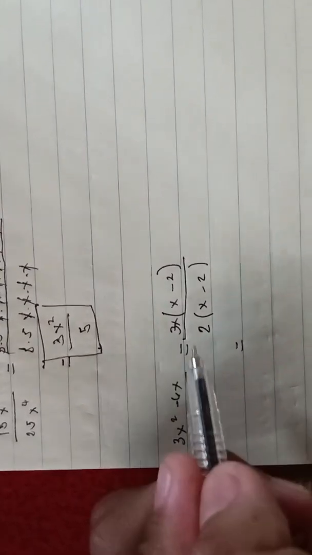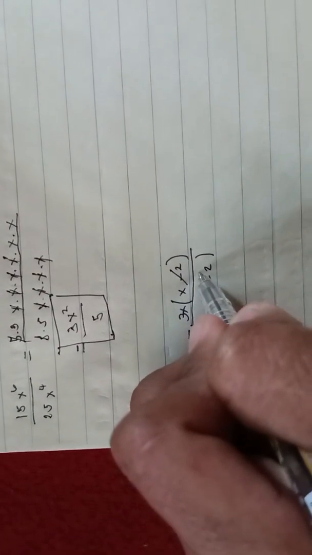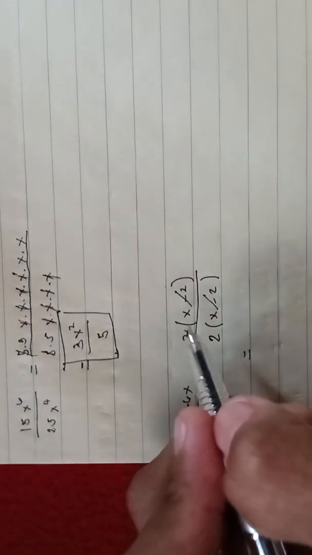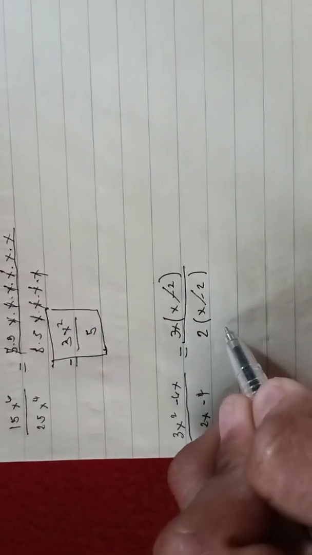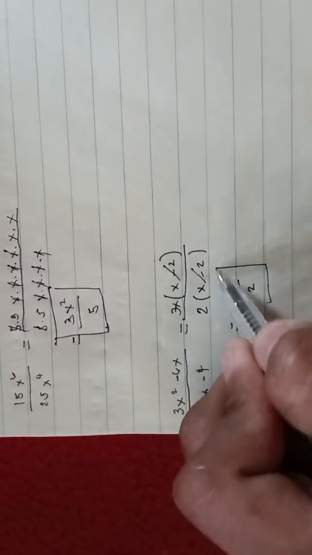So, gagawin lang natin ay i-eliminate natin silang dalawa, yung may like terms. X minus 2 in our numerator and x minus 2 in our denominator are like terms, so that we eliminate them and copy the remaining terms: 3x over 2. And this will be our final answer.